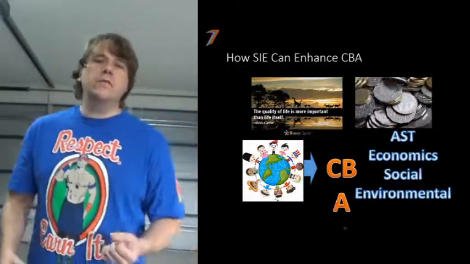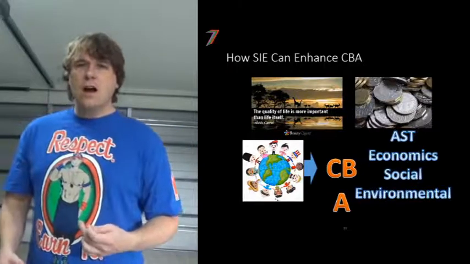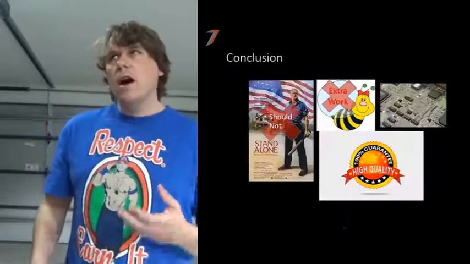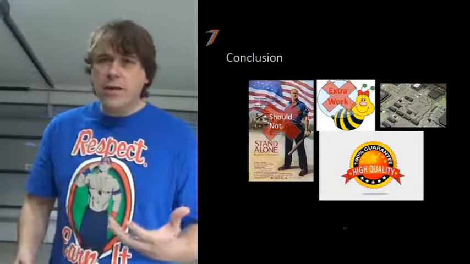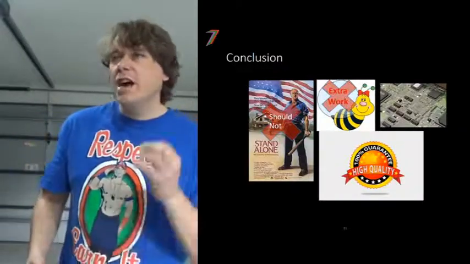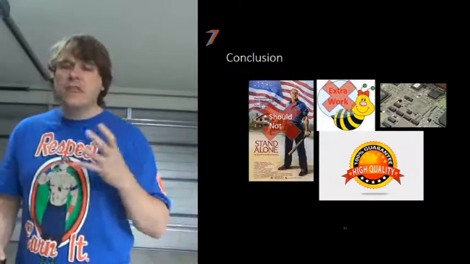All right, so I've come to the end of this presentation. Just to sum it up, social impact evaluation, yes, it is another analysis, another evaluation, but it shouldn't be treated in isolation like a lot of things get treated in isolation.